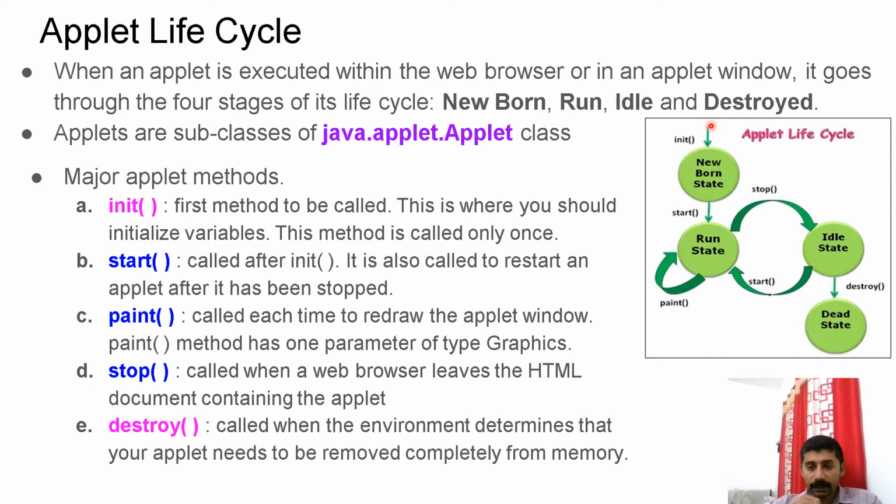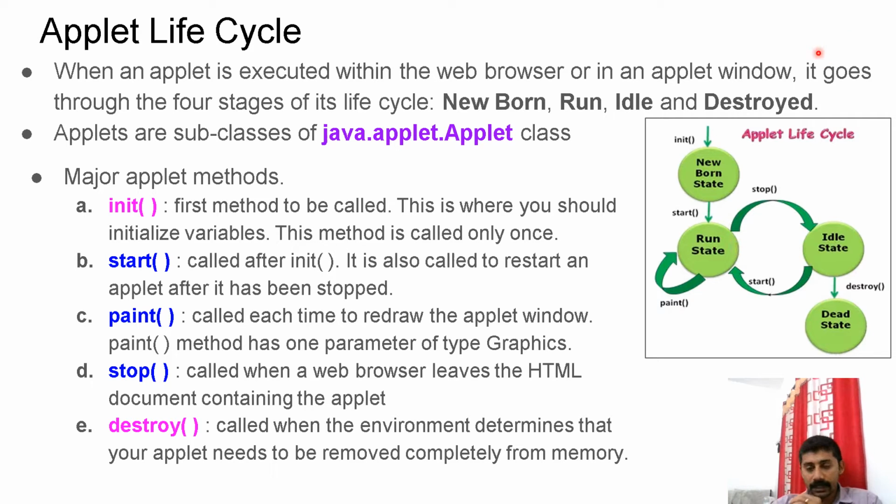So the lifecycle is something like this: once you load the applet into the container's memory, the init method is called. This will initialize all the initial variables and other things specified in your applet code. Once it is initialized, when the web browser calls the start method, your applet will start running. Now to redraw the window, depending upon the requirement, it will call the paint method to create the user interface display.